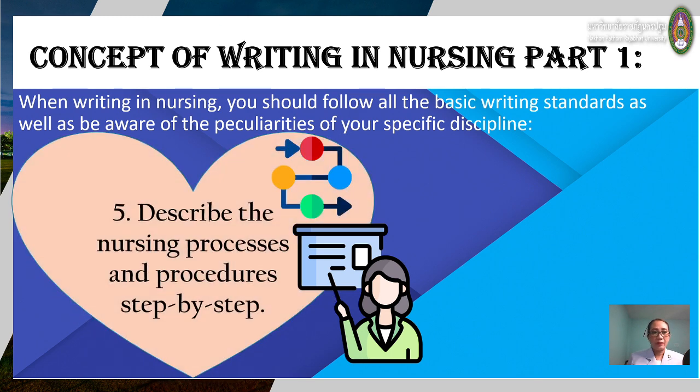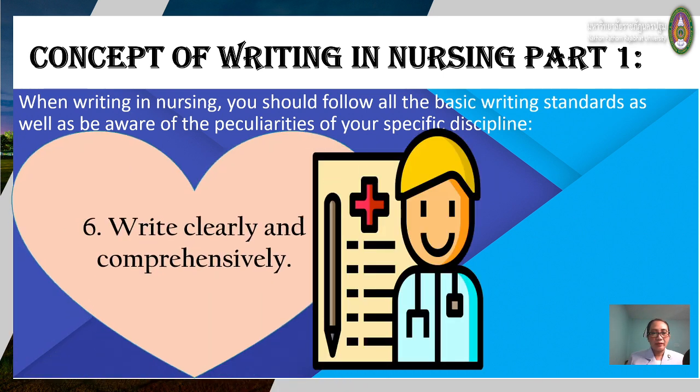And the fifth one, we have to describe the nursing processes and procedures step by step. We don't only need to explain that in how we write on the patient's charts or in the patient's record form, but we also have to explain this to our patients because we need patients' collaboration or cooperation during the administration of every procedure and nursing process that we are implementing.